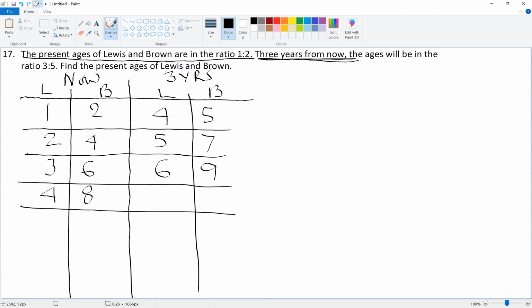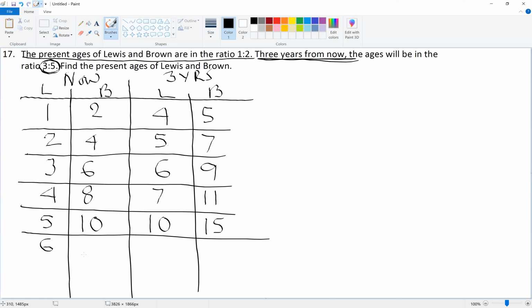So this would be 7 and 11. And we're looking for a ratio of 3 to 5. So this would be 10 and 15, right? Yes.